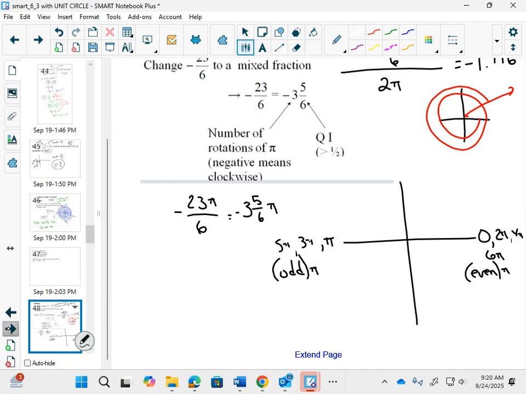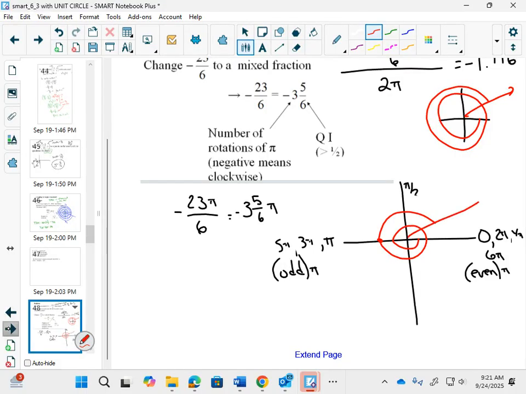And of course, this is pi over 2. So if I have negative 3 and 5/6 pi, the fact that it's an odd number, the negative 3, would go 1, 2, 3. The odd number tells us that we're going to be at negative 3 there. Then the fraction 5/6 is over half, so I need to go over half.